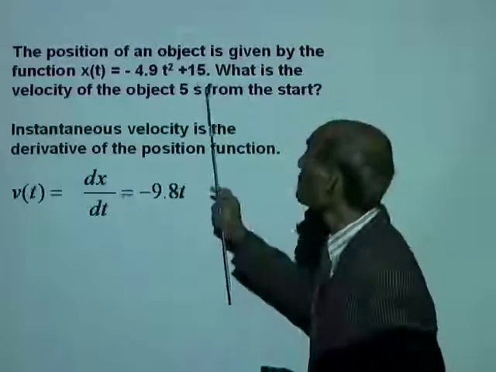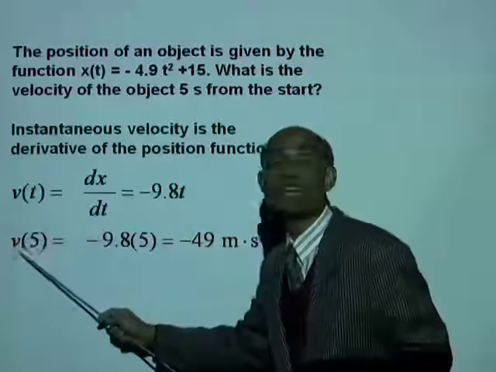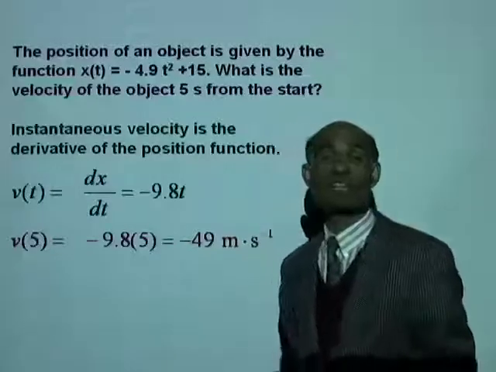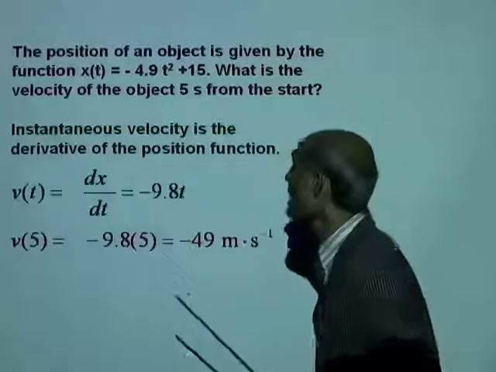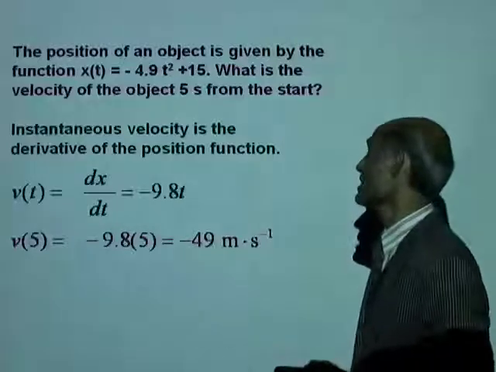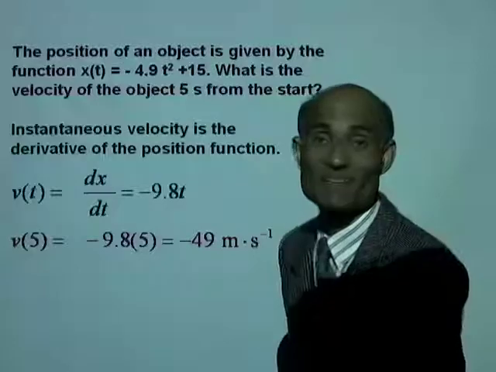And we want to find the velocity at t equal to 5 seconds. So v of 5 is negative 9.8 times 5. That is negative 49 meter per second.